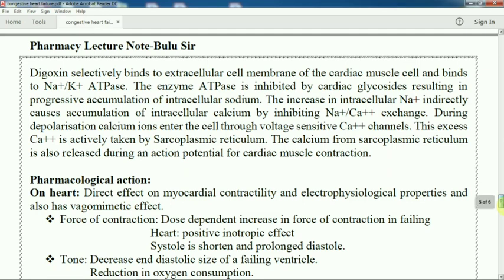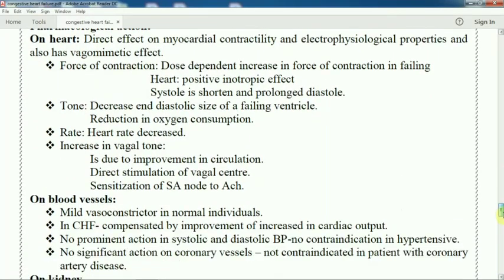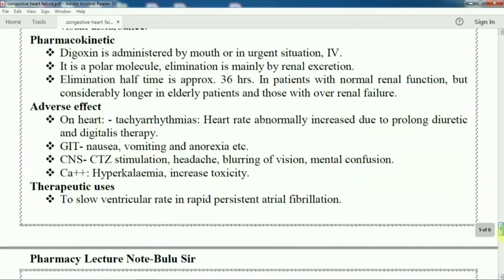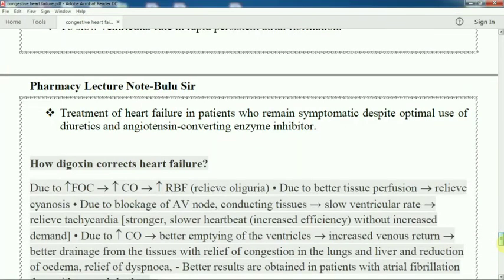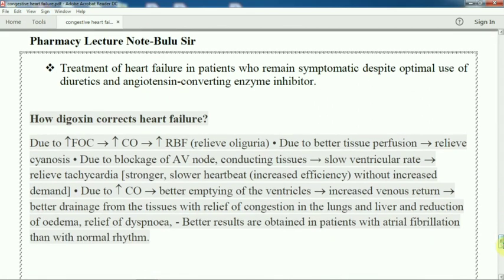As a result, the cardiac output increases, the renal blood flow increases, and the ventricle empties.